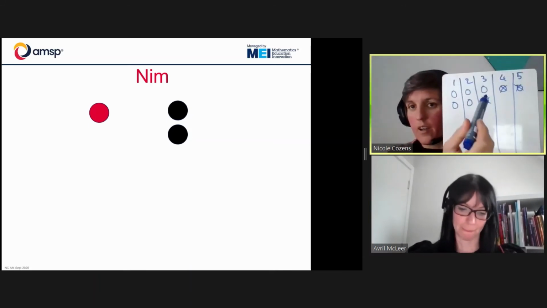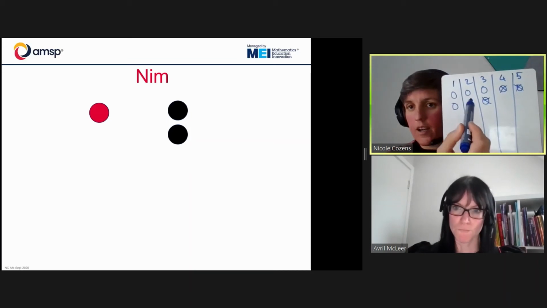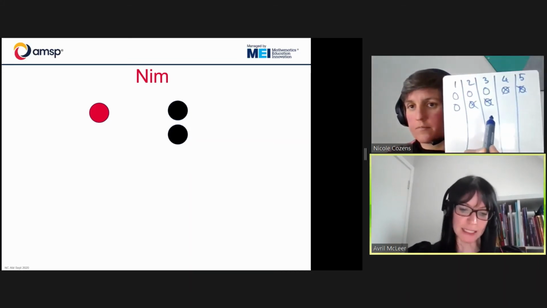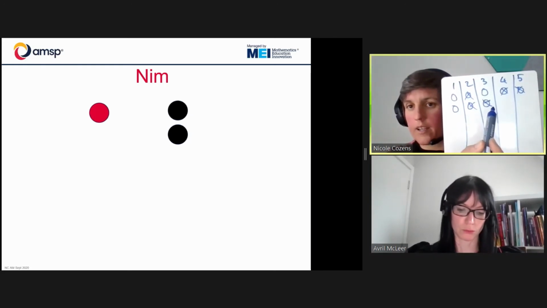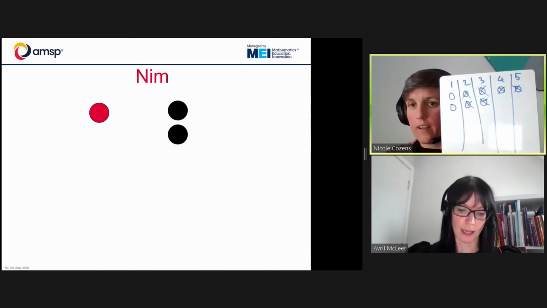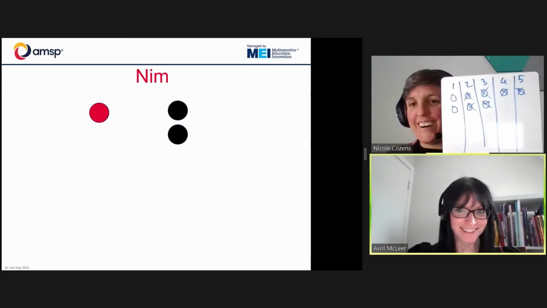Okay, great. I'm going to take a single counter from 2. Okay. Can I please take the other counter from 2? Yep. Okay, so that leaves 2 counters in column 1 and 1 counter in 3. I'm going to take a single counter from column 3. Oh. I'm right, and I can take all of column 1. Yes, you can.